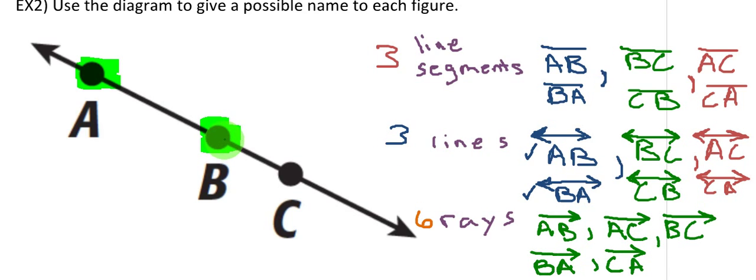Or point B and pass through point A and continue forever until I run into something. Cool stuff. So this is 6 ways to represent rays: ray AB, ray AC, ray BC, ray BA, ray CA, and ray BA. Cool stuff, guys.